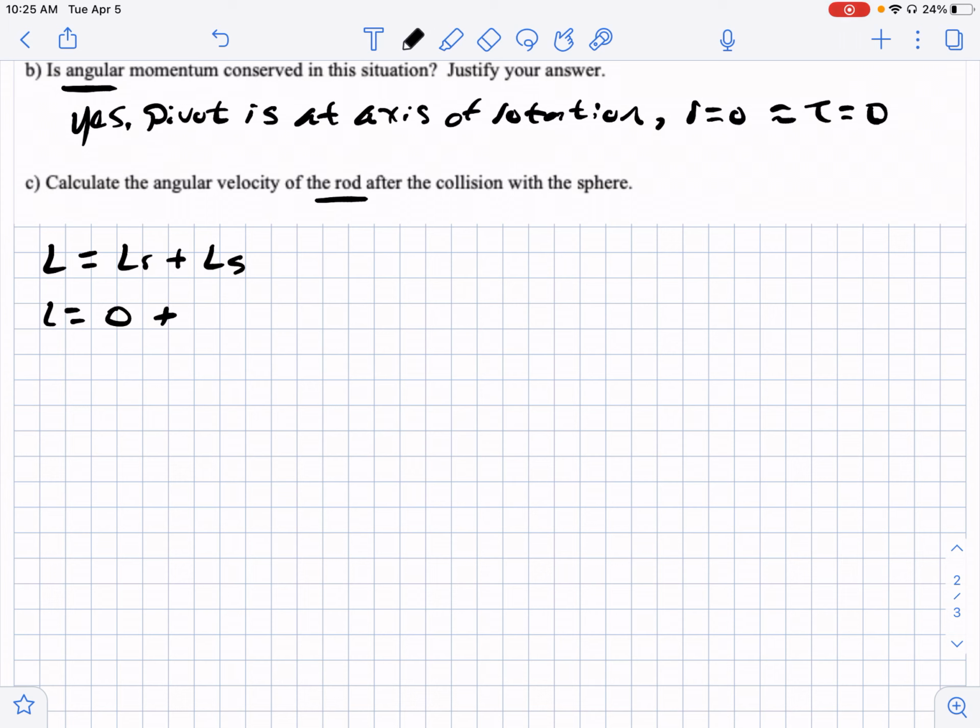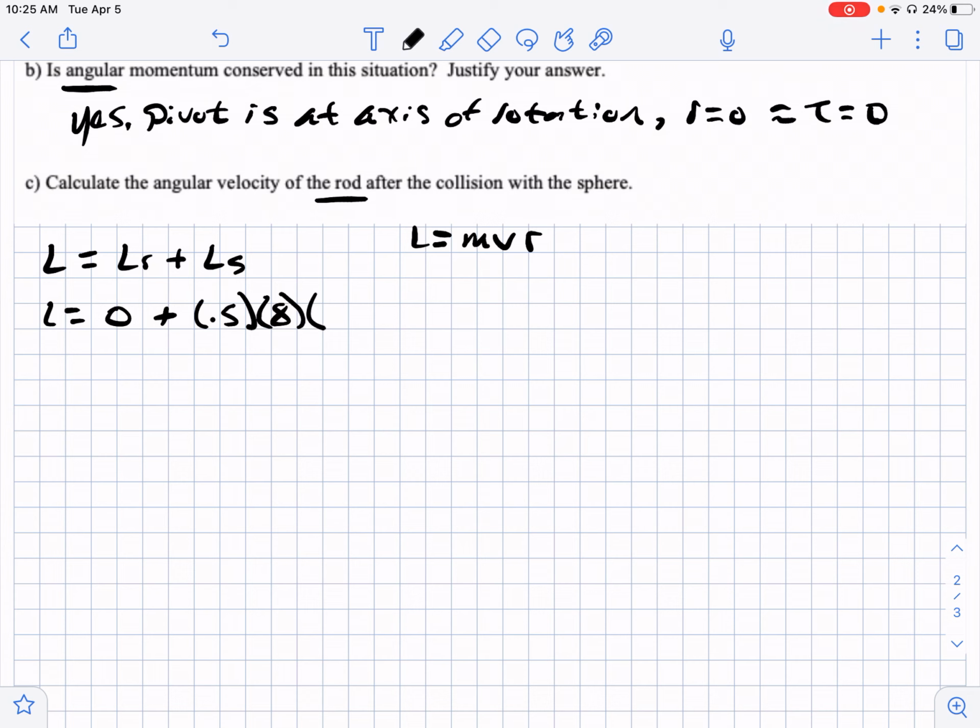And remember, whenever we have an object that's moving linearly that has angular momentum, it's equal to mvr. So we can plug in our numbers here. The mass of the sphere is 0.5, and its velocity is 8 meters per second.